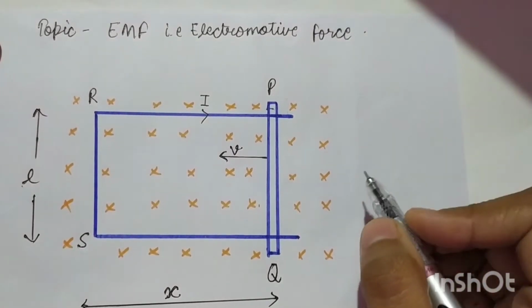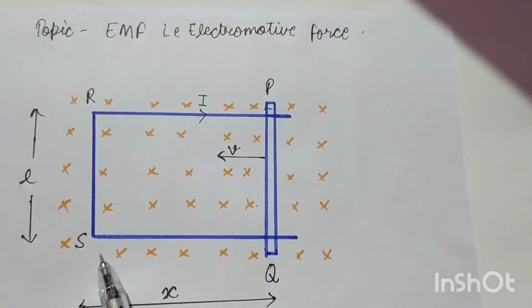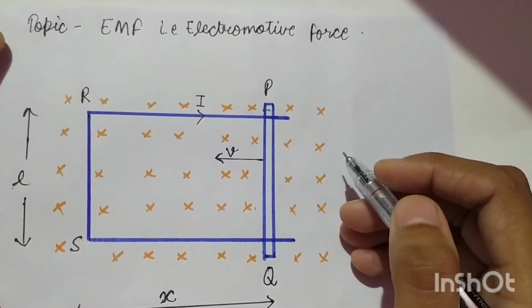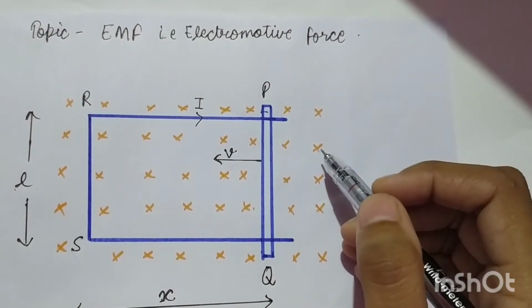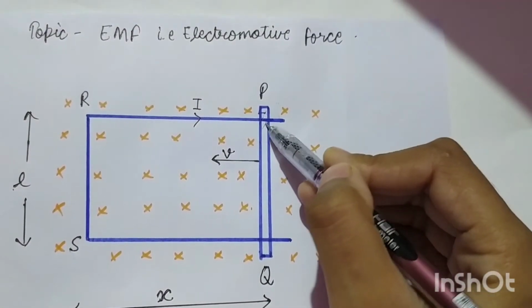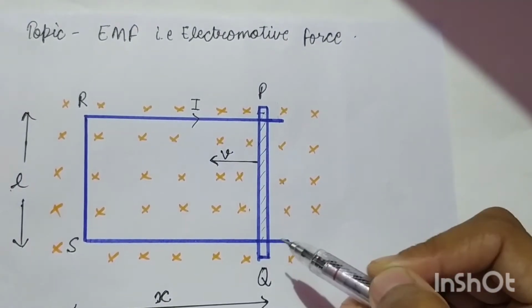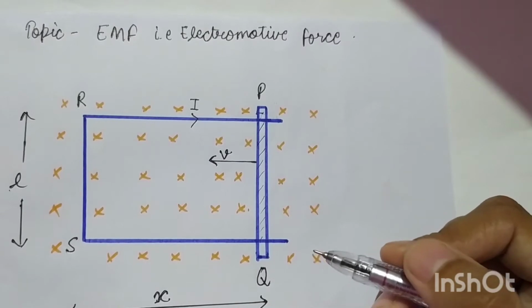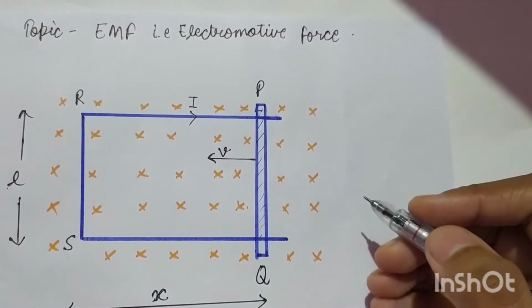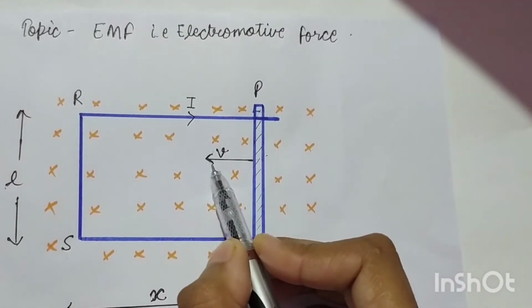First of all, let us consider that we have P, Q, R, and S. We have this loop, and this is a conducting loop. Now we have to consider that this PQ is a conducting arm, and it is moving inwards with velocity v.